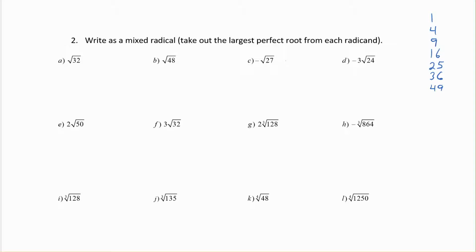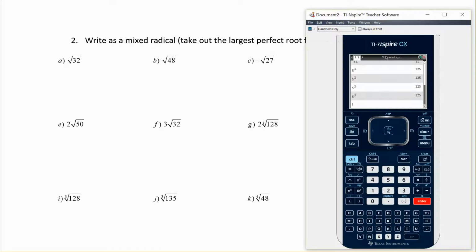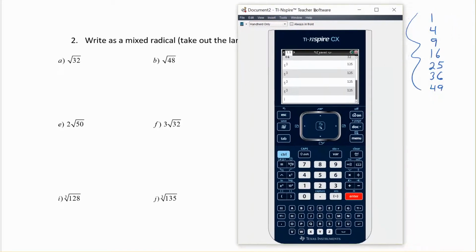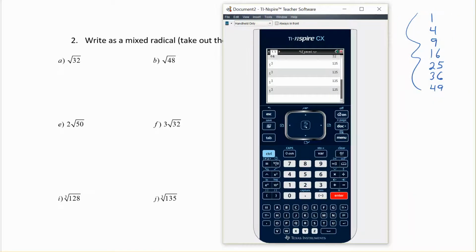So the first one here, 32. I'm going to go through and ask, do any of my perfect squares multiply into 32? If you're a little unsure and can't just do it off the top of your head, grab your calculator. You guys are all impressed when I pulled this out, aren't you?